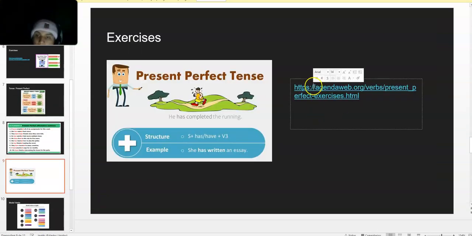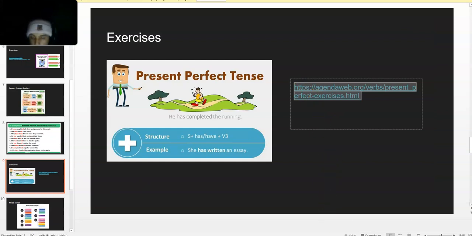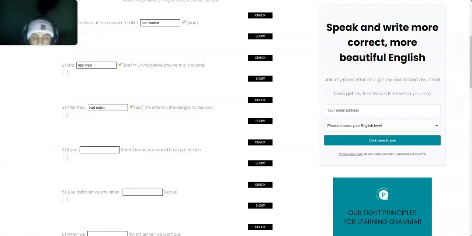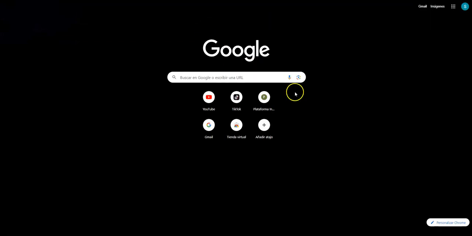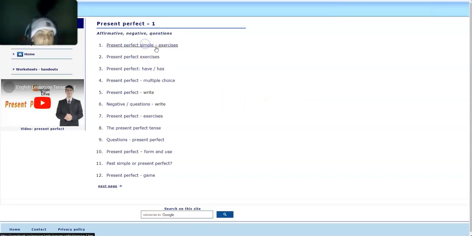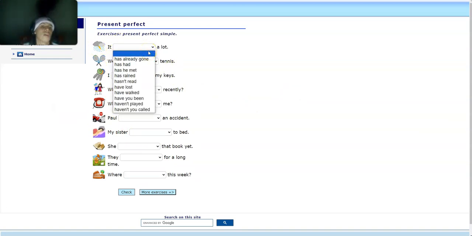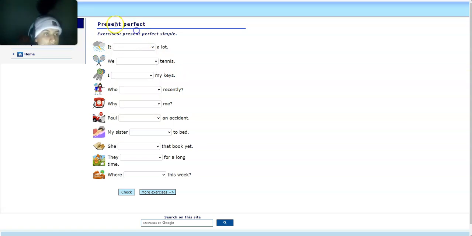And this is the exercise for this time, the present perfect. You have 12 exercises, and you can search for the correct answer, and you only have the description, and do the same as with the past exercise.